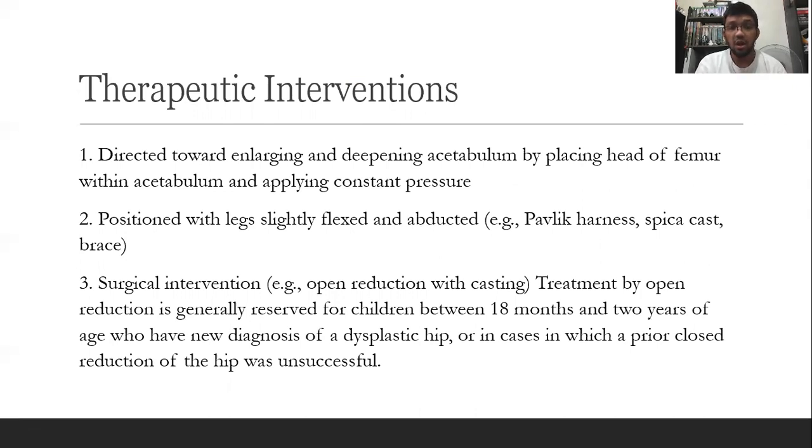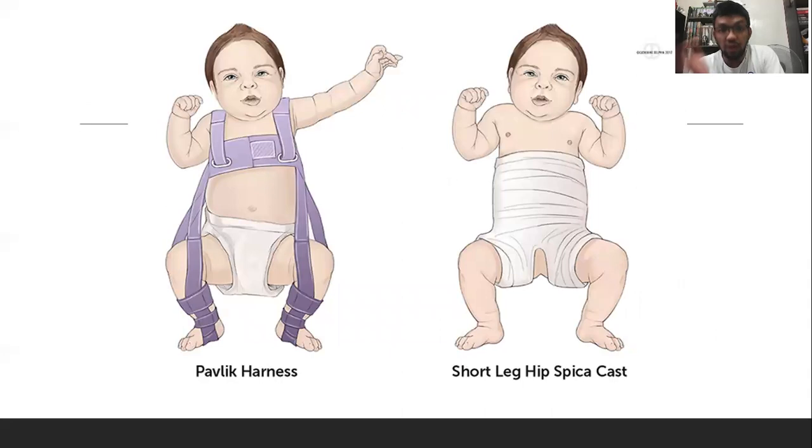So the pediatric orthopedics is going to apply constant pressure to make sure that the head of the femur is within the socket or the acetabulum. And they will correctly position it with the legs slightly flexed and abducted. In order to apply this constant pressure, the pediatric ortho is going to place on the infant the Pavlik harness or the short leg hip spica cast.